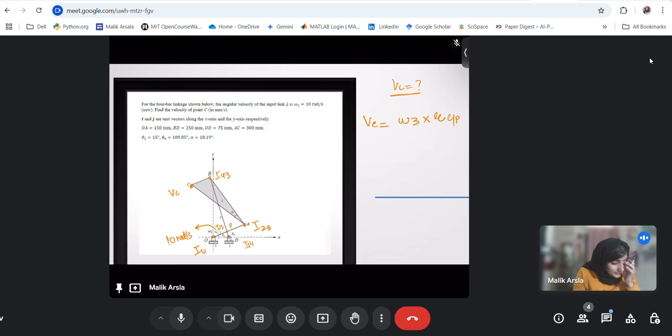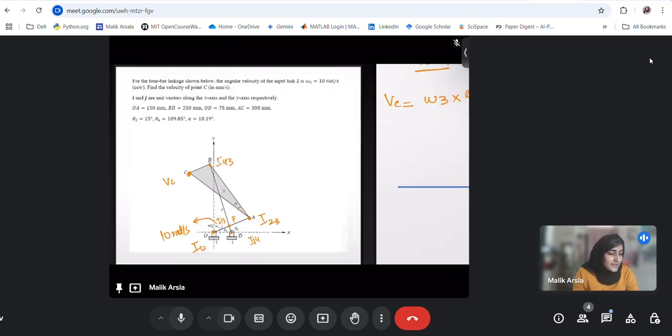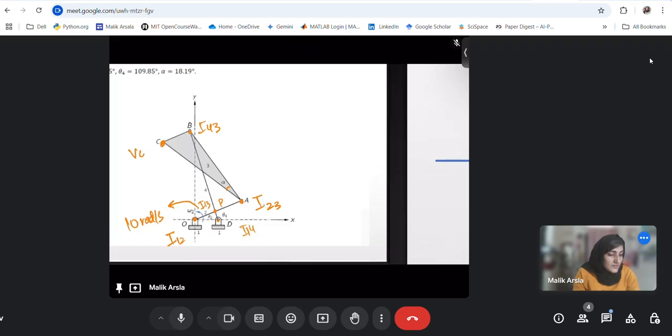Now RCP can be found with the help of geometry, but how do we find this omega 3? In order to find omega 3, you can focus on this common point A, which you can use, right? Point A belongs to link 3 as well as link 2.